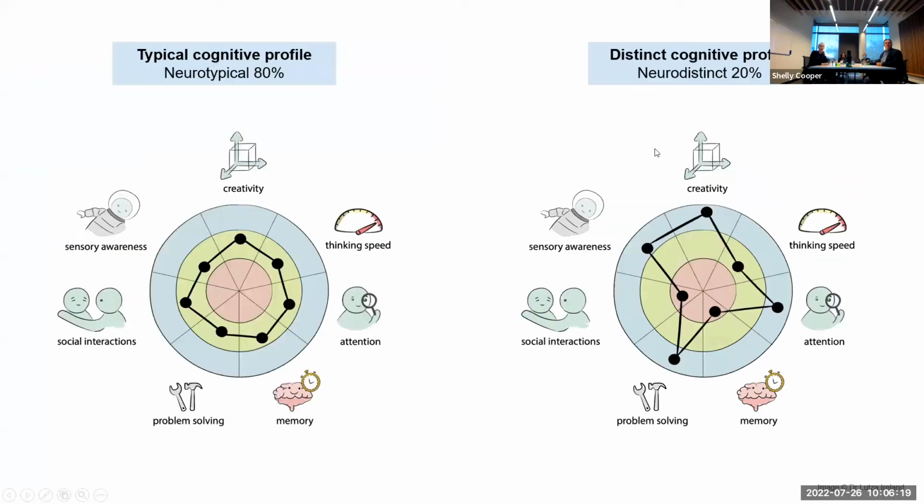We talk a bit about the variations. So neurodiversity is literally every single person, because every single person has a different ability, a unique set of skills.